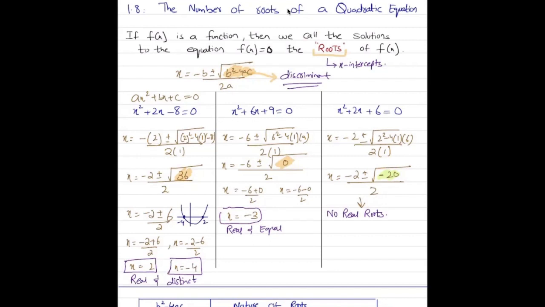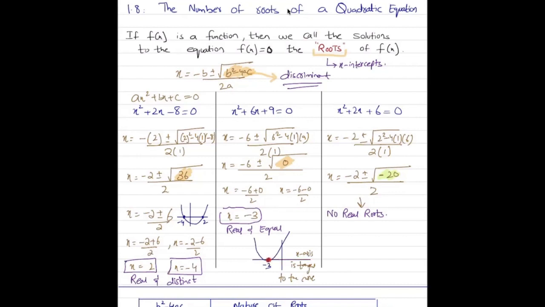For the second example, your curve is touching the x-axis at only one point. So we say that the x-axis is tangent to the curve, because a tangent line is a line that touches the curve at only one point.